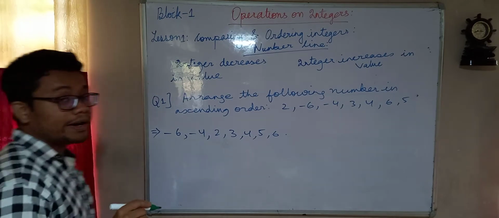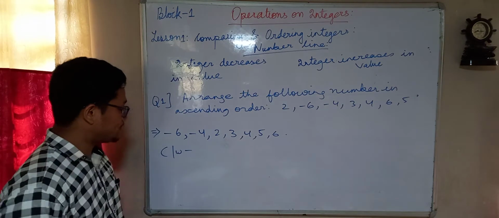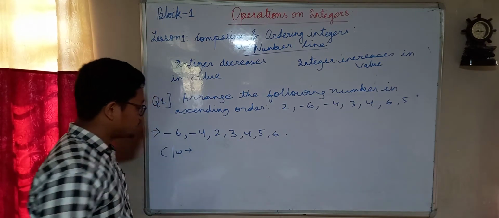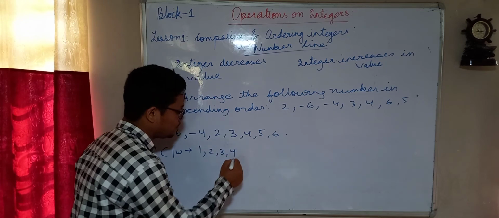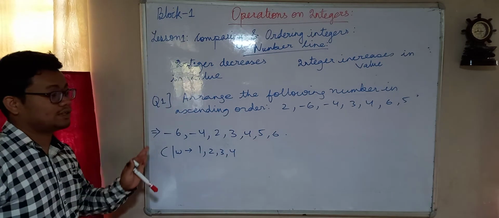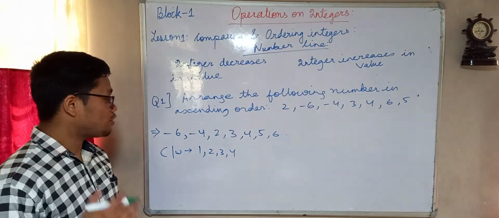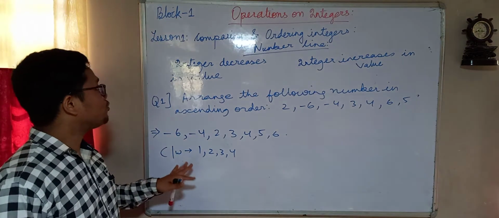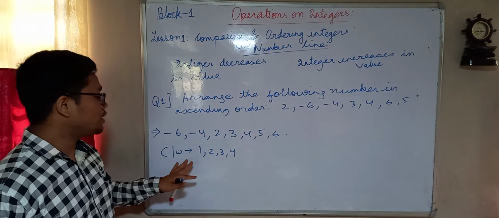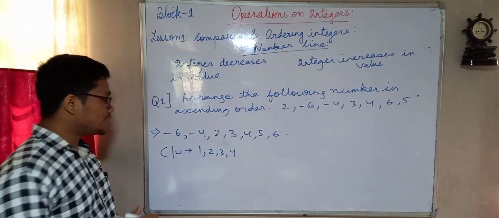Oh children, I'm really sorry. Actually what happened is I was looking at a different book. Your classwork will be question number 1, 2, 3 and 4 from lesson number 1. Today I'm trying to cover lesson number 2 also, and from lesson number 2 I will give you further classwork.